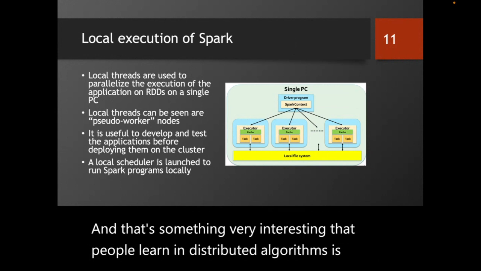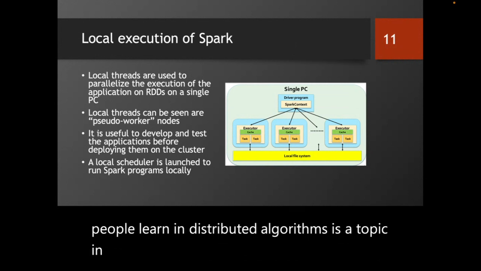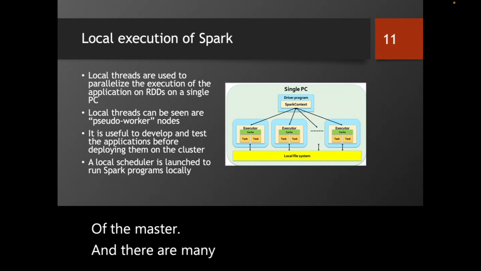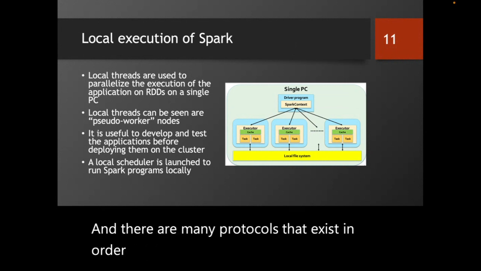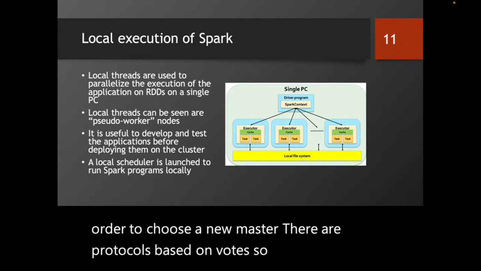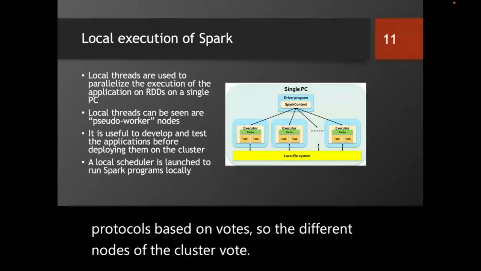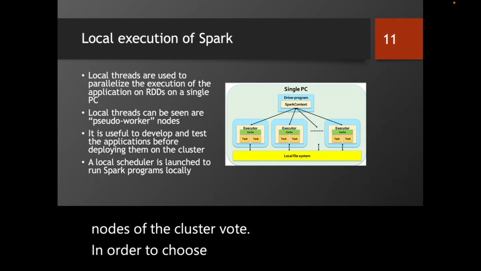One topic in distributed algorithmics is the choice of the master, and there are many protocols to choose a new master. There are protocols based on votes, so the different nodes of the cluster vote to choose a new master.